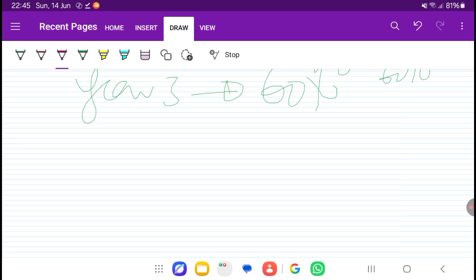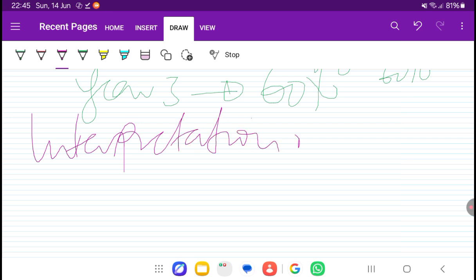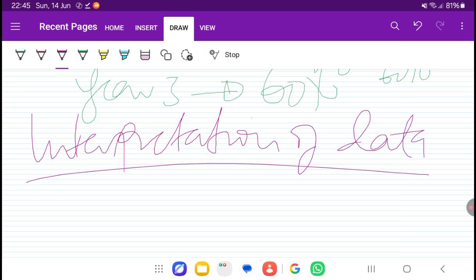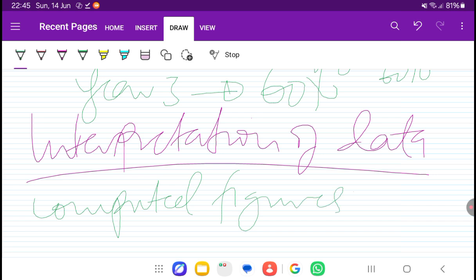Now, when we go to the interpretation of data, it is all about looking at the computations. We get the computed results, the computed figures, and we try to make meaning out of them. How? I can look at the mean.